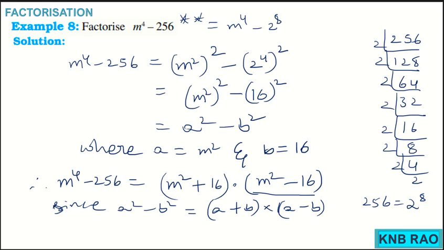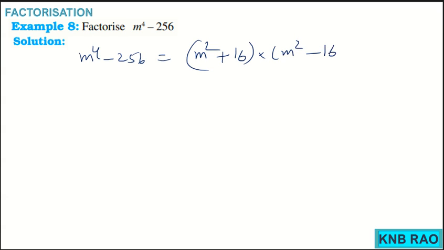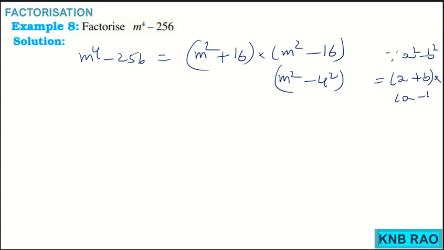Now students, I am taking further, m power 4 minus 256, which I have written as m square plus 16 into m square minus 16, where this m square minus 16 I can further write as m square minus 4 square. Now it again looks like a square minus b square, which is the product of a plus b into a minus b.